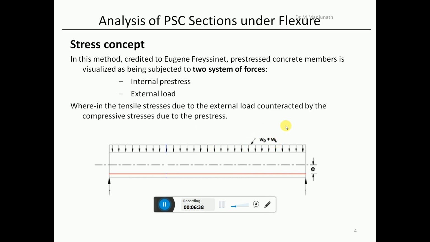So the beam is assumed to be subjected to two systems of forces. One is the pre-stressing force and the other one is the external load, and the stresses are obtained for these two force systems.